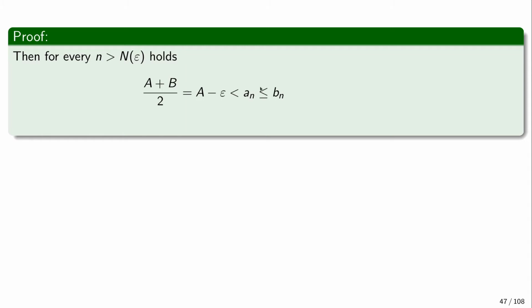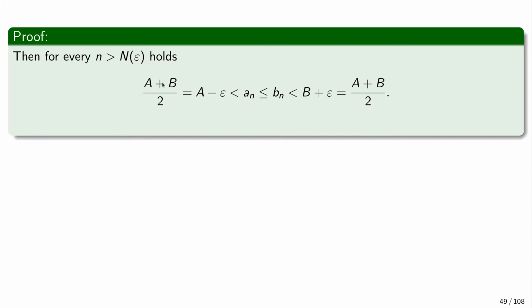Now we know, since n is greater than n of epsilon, which is greater than n2, then bn is smaller than b plus epsilon. And now again we use the definition of epsilon as being a minus b divided by 2. If we bring this to common denominator, we get a plus b over 2 again. So here's the contradiction.